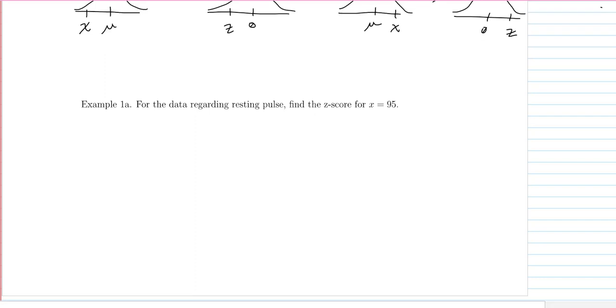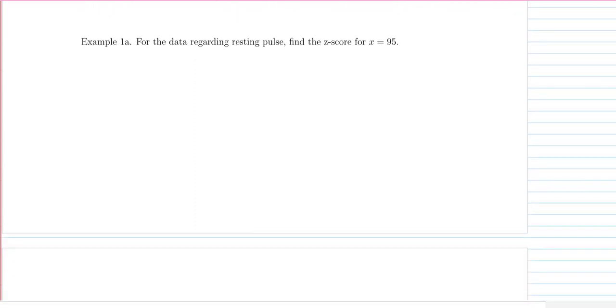Alright, so just recall the data set on resting pulse rate for 9 different patients at some hospital, and remember that we are able to find a density curve which generalizes that histogram we saw, and we want to find a z-score. So let's say that for that data, mu was equal to 92, and sigma is equal to 14.